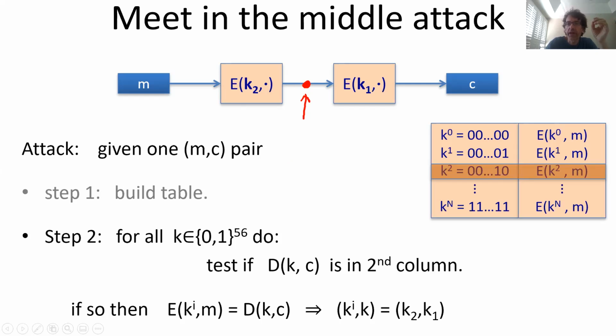Now this loop, if this test was looking into an unordered list, then just this test would take 2 to the 56 steps of checking each equality here. And 2 to the 56 multiplied by 2 to the 56 will give you the trivial bound, 2 to the 112. So you have to sort them.